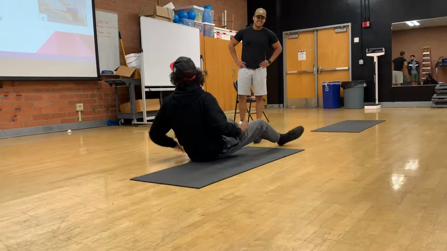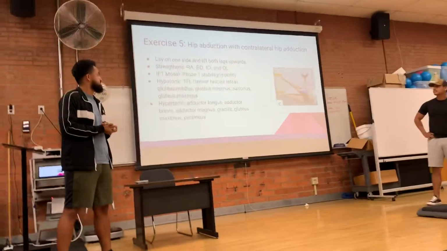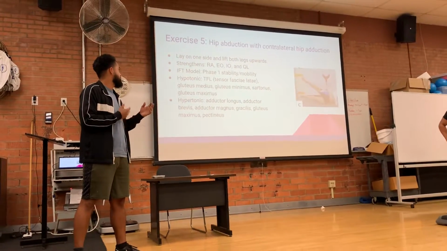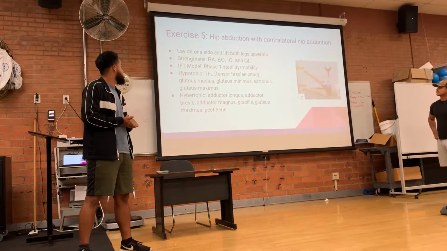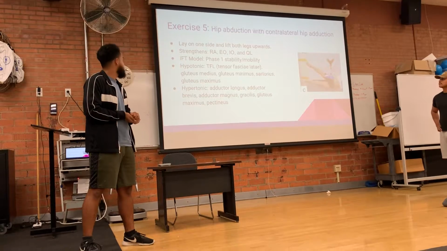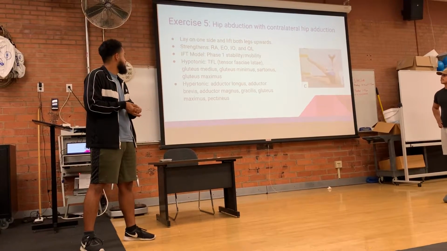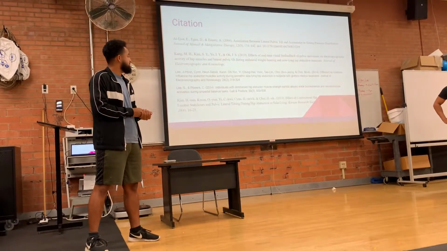This would strengthen the rectus abdominis, external obliques, internal obliques, as well as the quadratus lumborum. This fits with the IFT model of phase 1, stability and mobility. The hypotonic muscles are the TFL, glute med, glute min, sartorius, and glute max. And lastly, the hypertonic muscles are the adductors, gracilis, glute max, and pectineus.